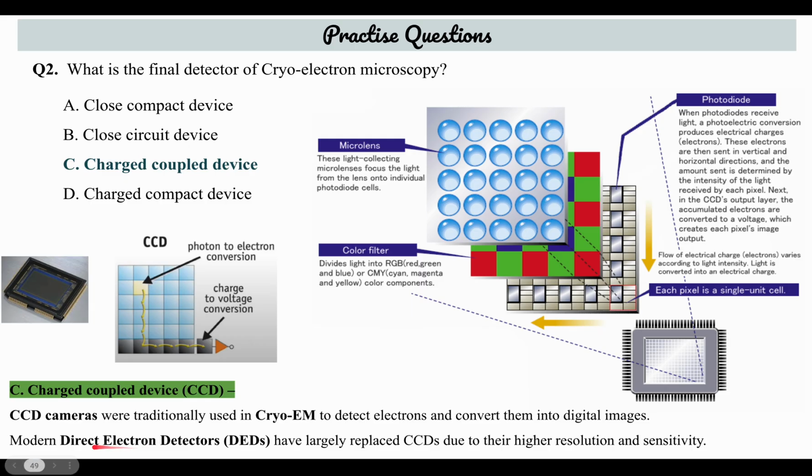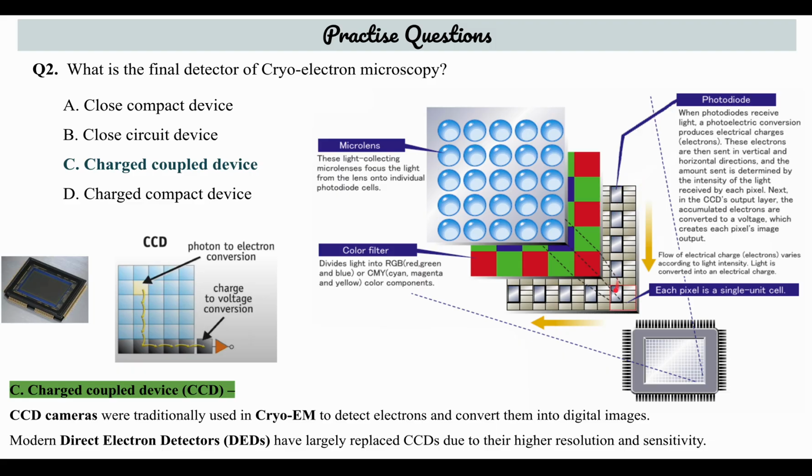In modern setups, there are direct electron detectors. Instead of these CCDs, we have shifted to direct electron detectors because of their higher resolution and sensitivity. As shown, these are small micro lenses, the light collecting micro lenses which focus the light from the lens onto individual photodiode cells.